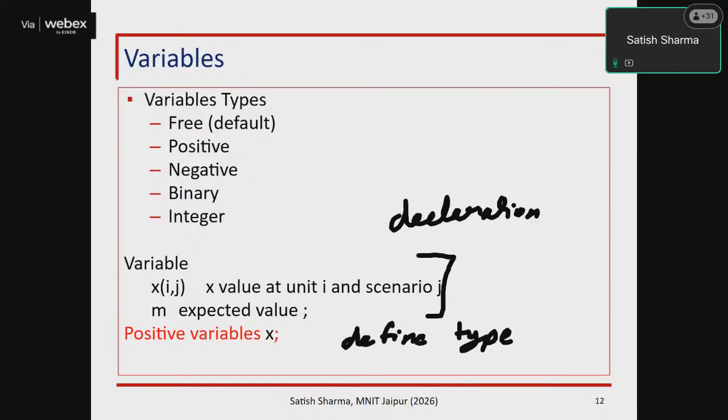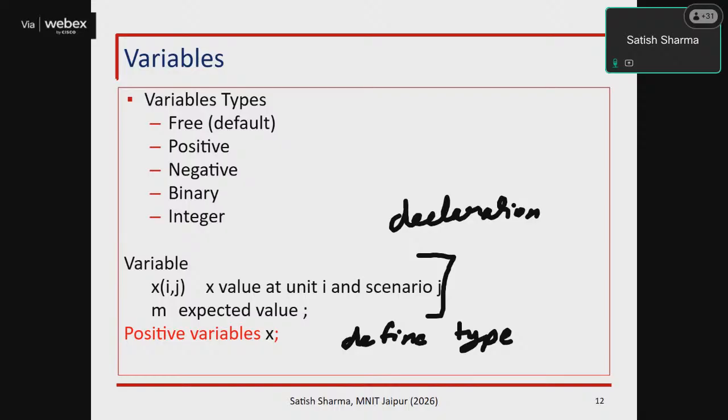So the free variables can vary from minus infinity to plus infinity, so they are basically real numbers. Then positive are 0 to infinity, negative is 0 to minus infinity, binary is 0 1, and integer is simply 1 2 3.